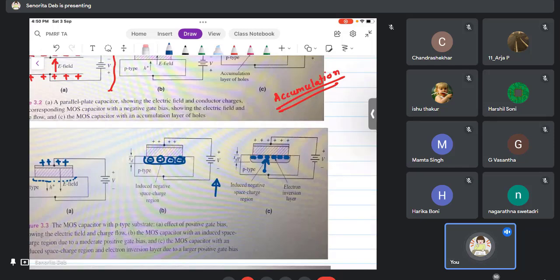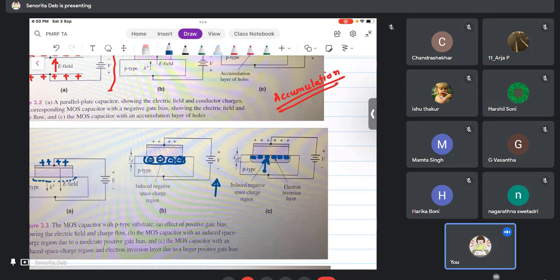So this was a normal MOS capacitor. Now we will see how it is going to behave as a transistor. What we have achieved is that we are able to flow a current by applying a bias, right?